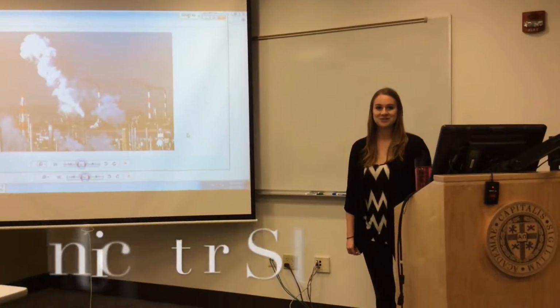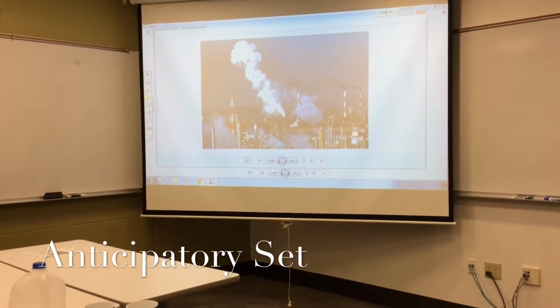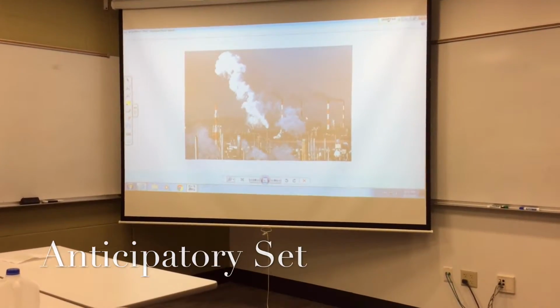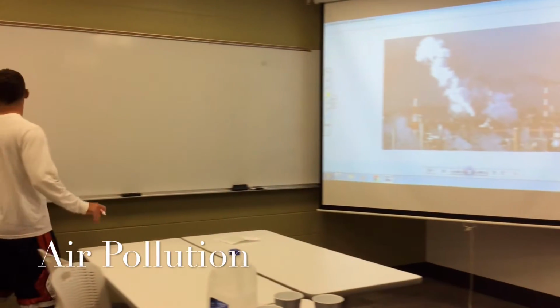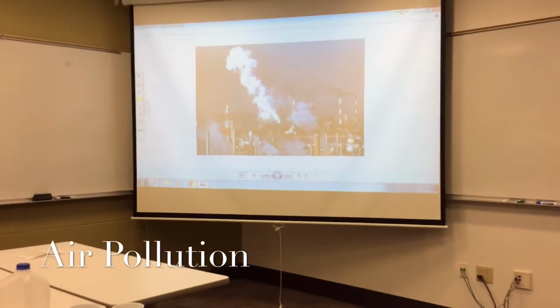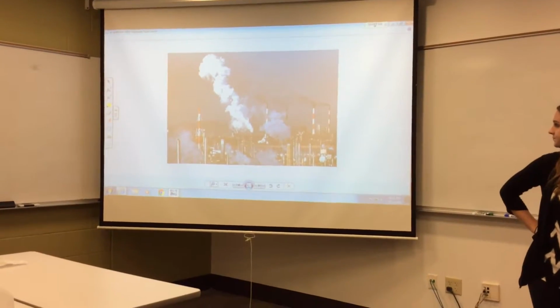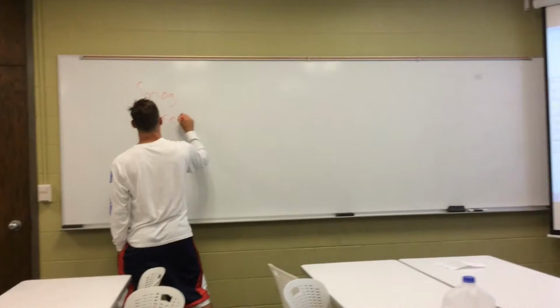All right, I'm going to show you 3 pictures, and you are to tell us what is wrong in these pictures. This is the first one. Yes? Looks like there's smog. Okay, smog. Anything else? It looks like there's a lot of smoke. I see smoke too. I see some black smoke, some gray smoke, and white smoke in this picture.